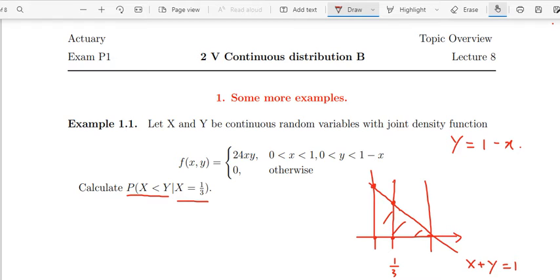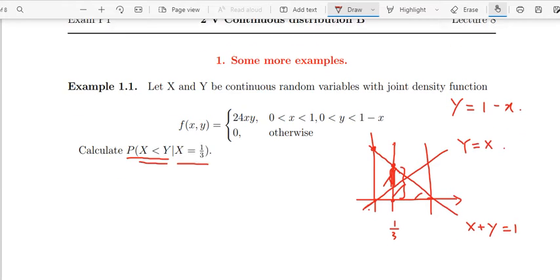We want to find the probability that x is less than y. Here y equals x, so y larger than x means this part, which is under the condition from 0 to 2 over 3.